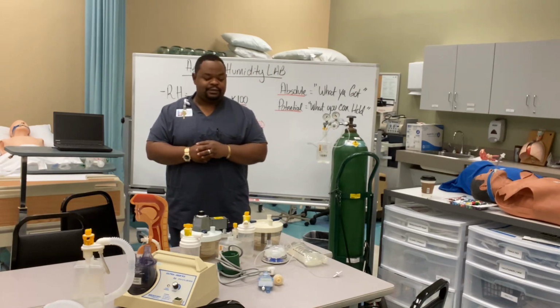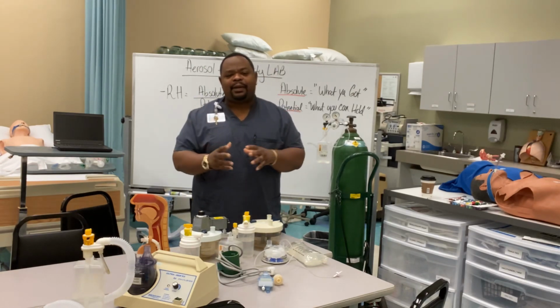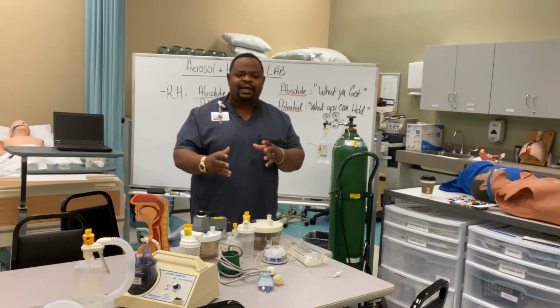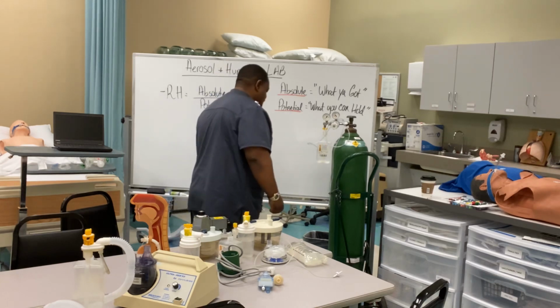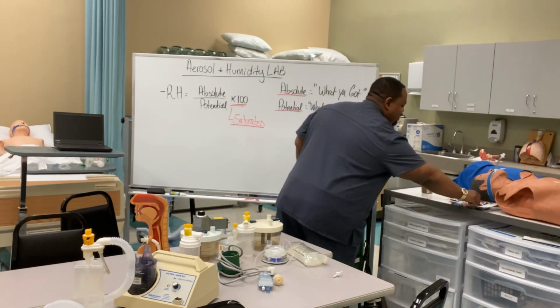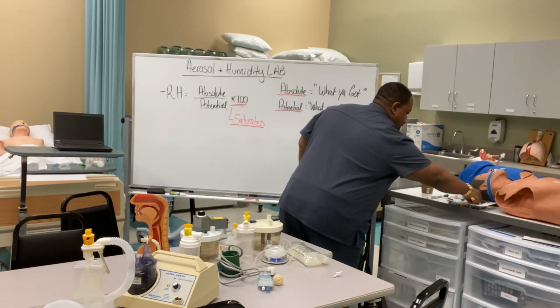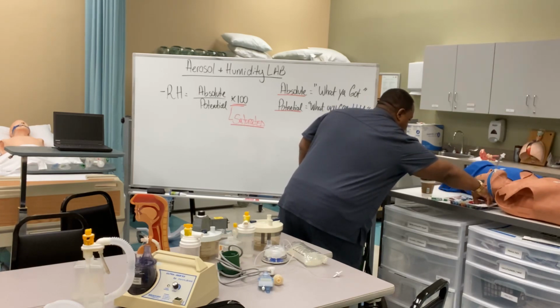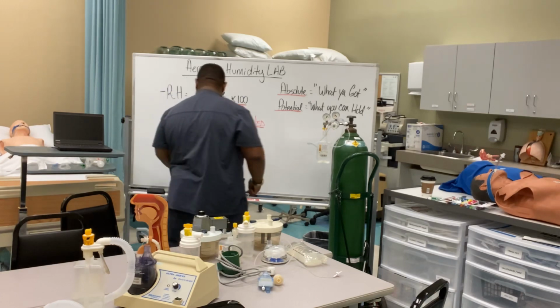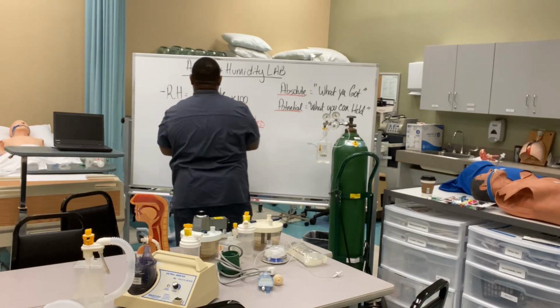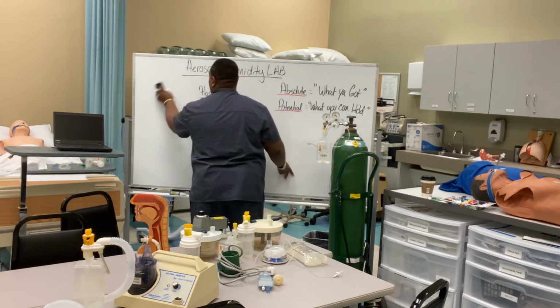Relative humidity. I want to teach you a concept about it so that you can make sure you understand relative humidity. Now, if a patient has the ability to hold, I'm going to write a few things here. You can rewind and see that.